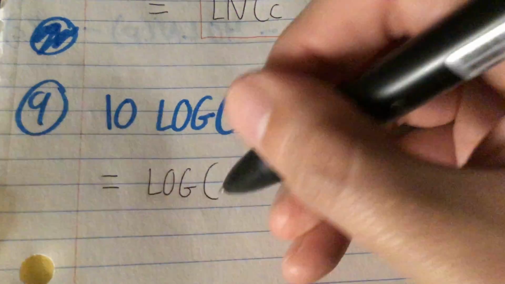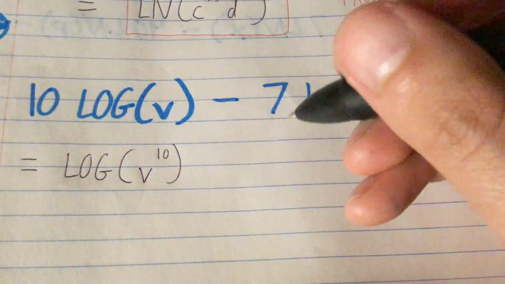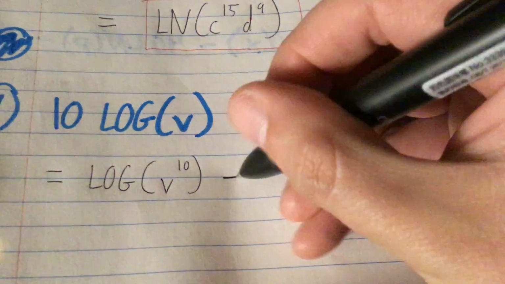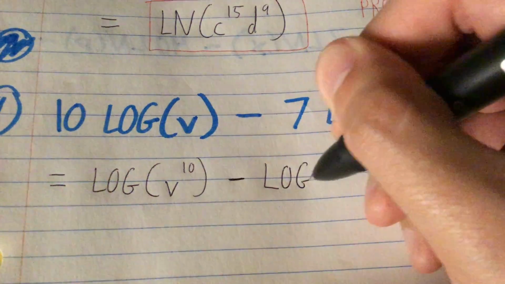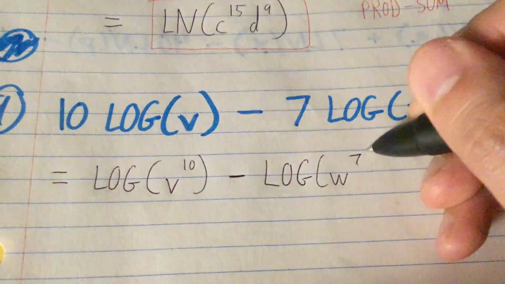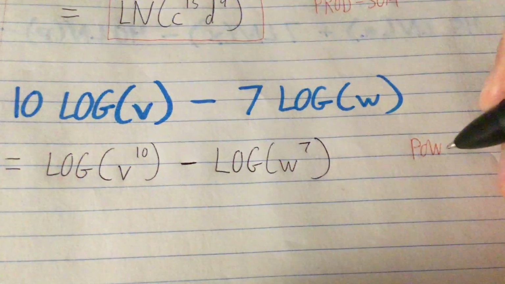So I'm going to make this log of v to the 10th. And that 7 factored out in front meant that it was originally in this logarithm as an exponent. So that's going to be minus log of w to the 7th. The reason why I can do that is because of the power factor rule.